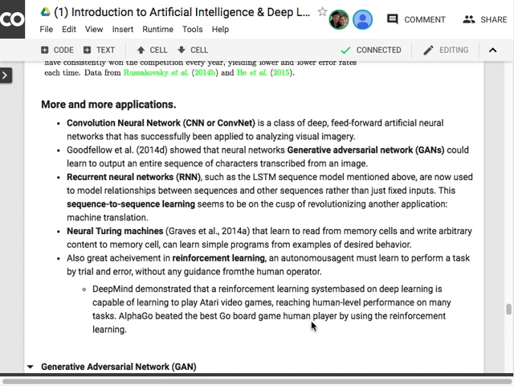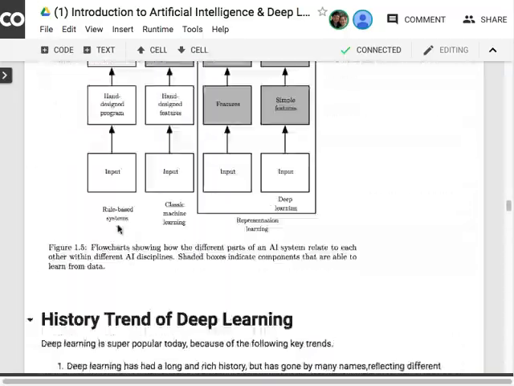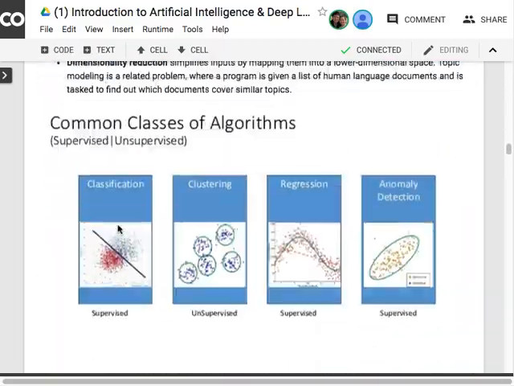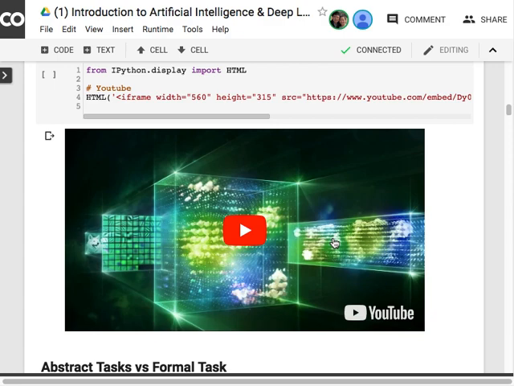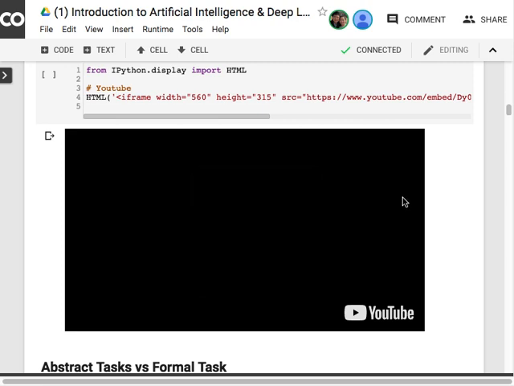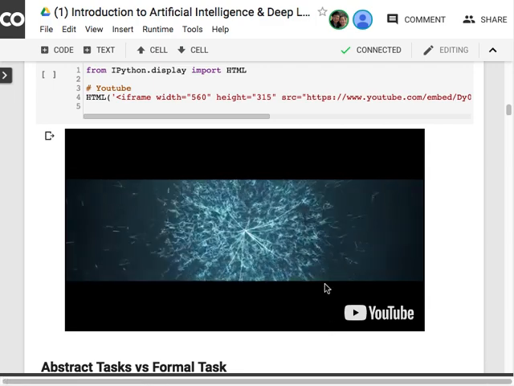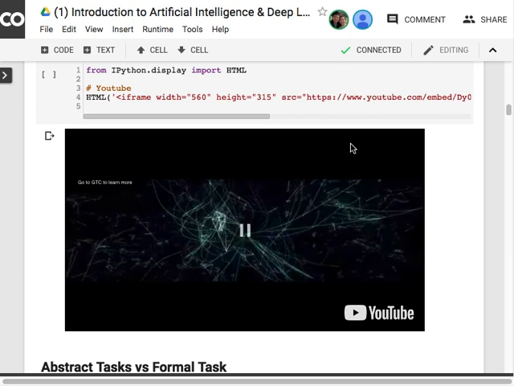The best way to show this is to open the video for you. I forgot to play it back to you in the first video, so you can see what deep learning can do today.